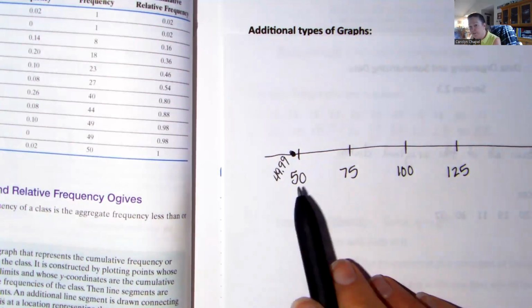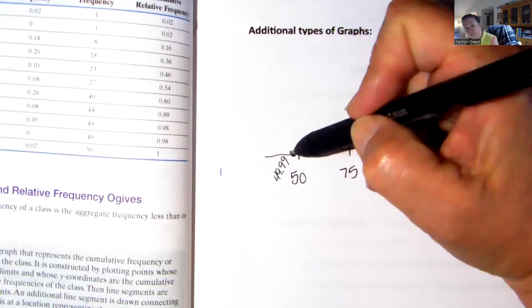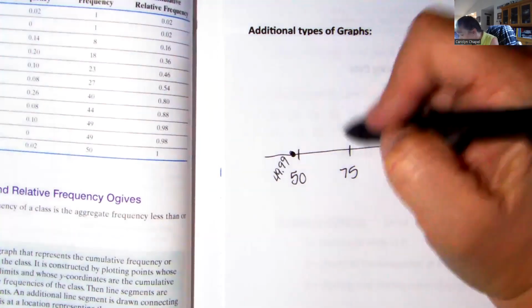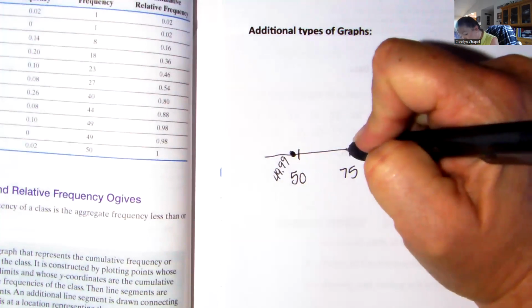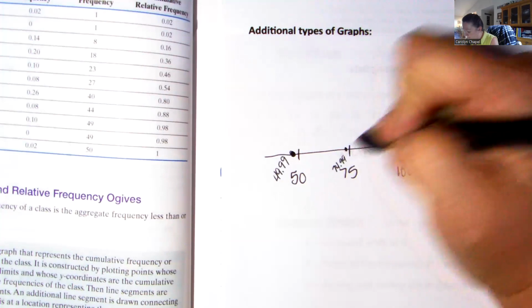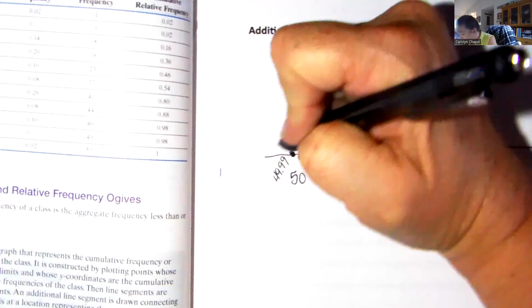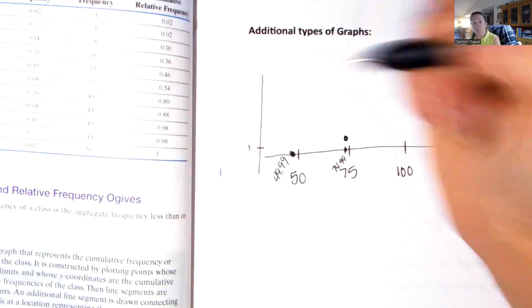This one went from 50 to 74.99. So we're going to start at 0. By the time we get to here, right before this class, so at that 74.99, right here, we're going to be at 1. So if I have my scale here, this is going to be at 1.